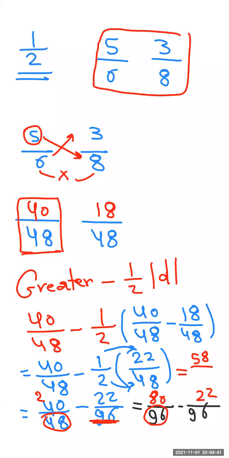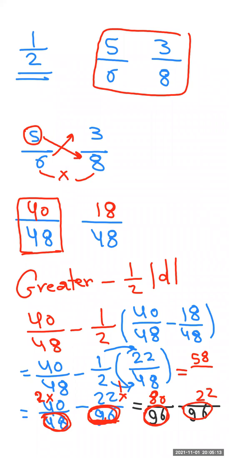We said that the denominator will always be the second one, the greater, so the denominator becomes 96. I divided 96 by 48, which is 2, so 2 times the numerator 40 is 80. On the second one, 96 divided by 96 equals 1, times 22 equals 22. That's why I didn't change the numerator of the second one.